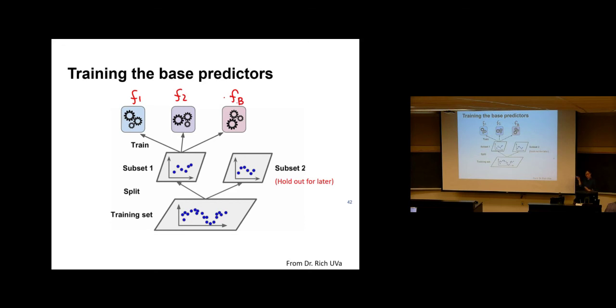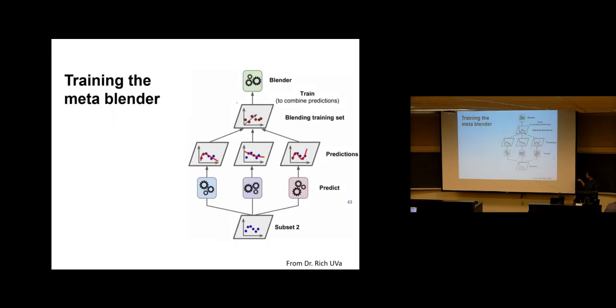And then on the second training subset, some people call that validation data, you're training the G. You're using all the outputs from F1 to FB as features, and then you're training a second level G function using the F1, F2 onto FB.